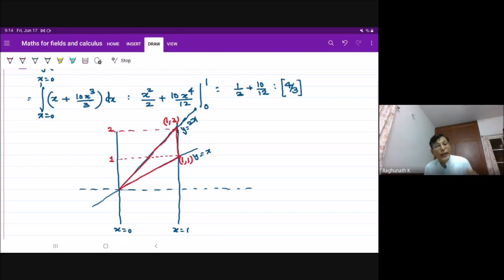If I want to change the order of integration, concentrate. Initially, I will produce a horizontal strip like this. Such horizontal strips from y is equal to 0 to 1.